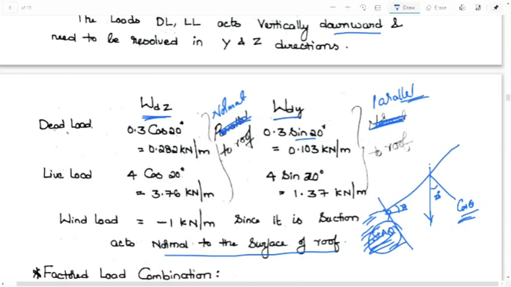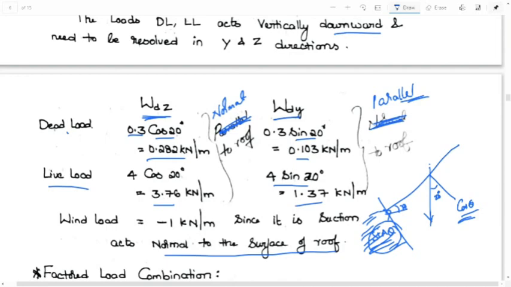So dead load 0.3, its cos component 0.282, and live load 4 cos 20 and 4 sine 20, and calculate them.